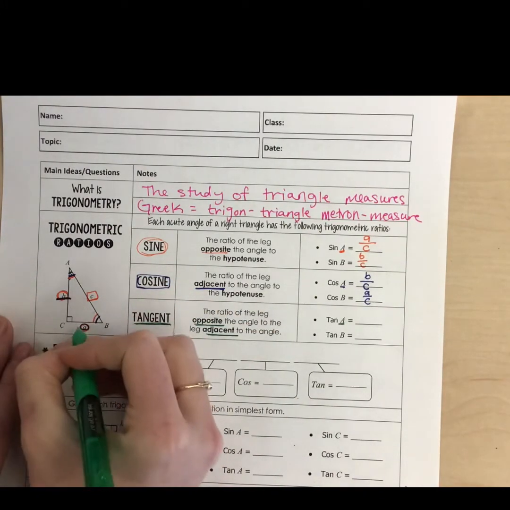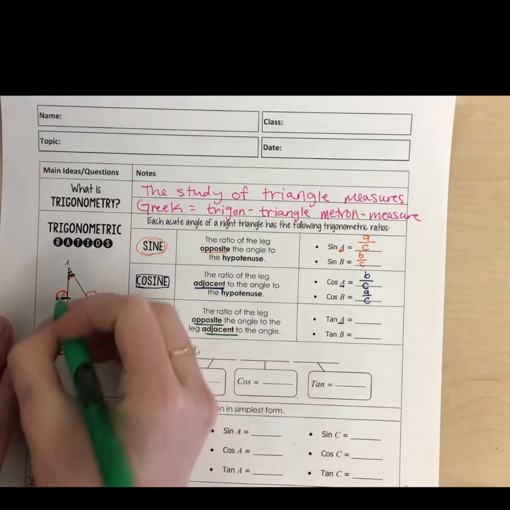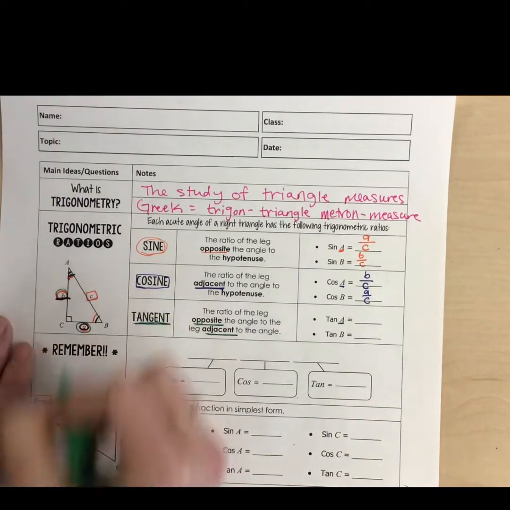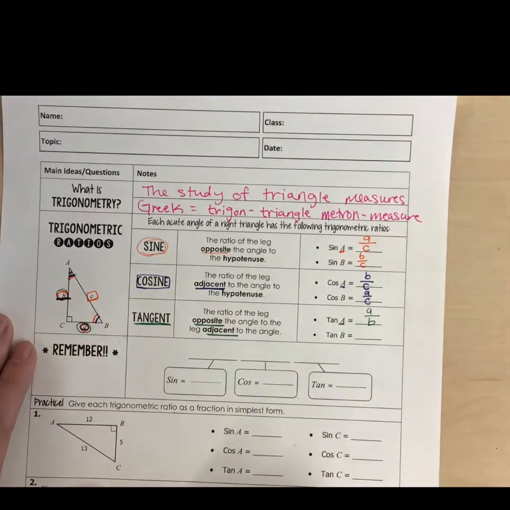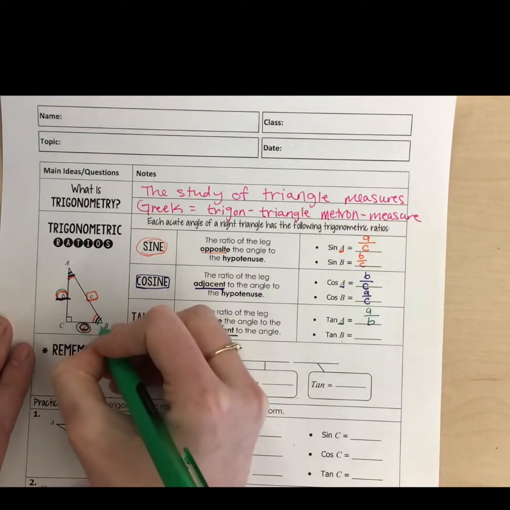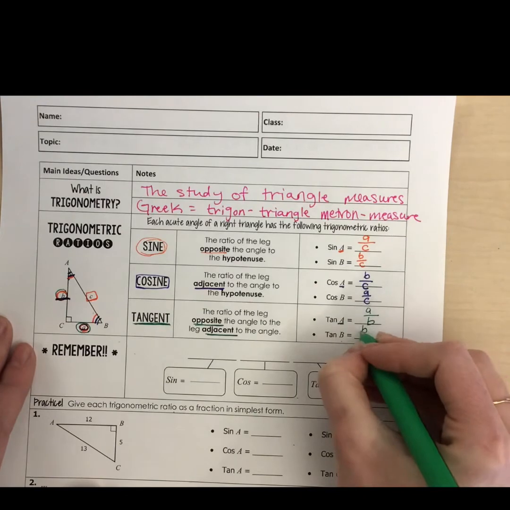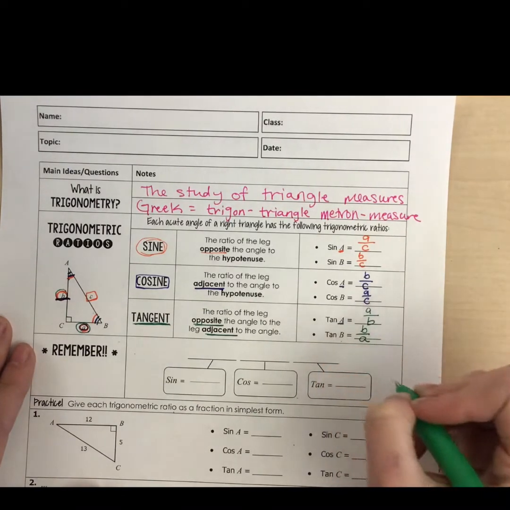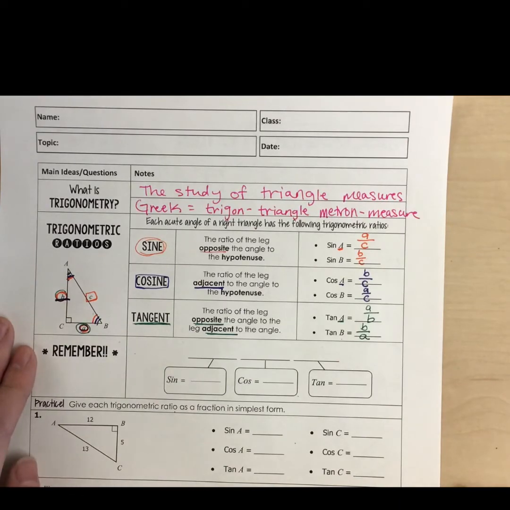We have its opposite, which we already said was a, and its adjacent, which is b. So this is a over b, which means for tangent of B, its opposite is b, and its adjacent is a. So it kind of flips itself, b and a.